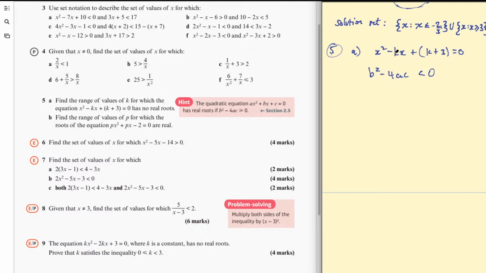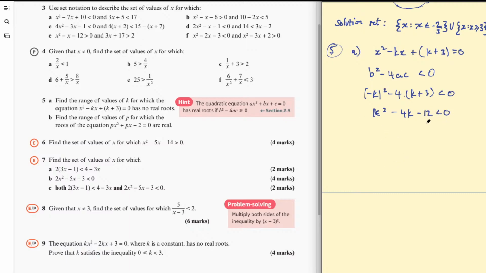So b is negative k, so this is negative k squared, take 4 times 1 times k plus 3, less than 0. And then this is going to give us a range of values for k. So negative k squared is just k squared, take 4k, take 12, less than 0.